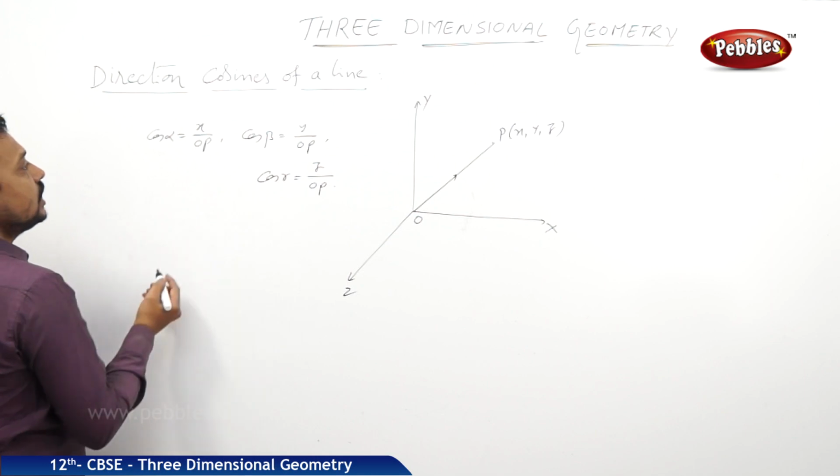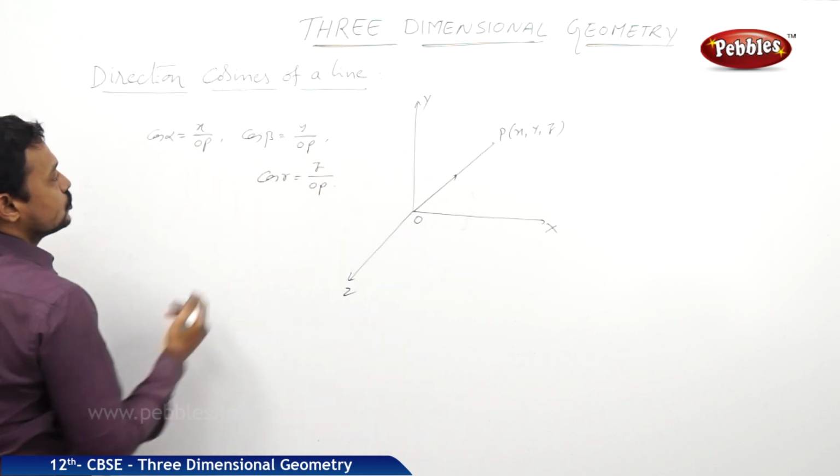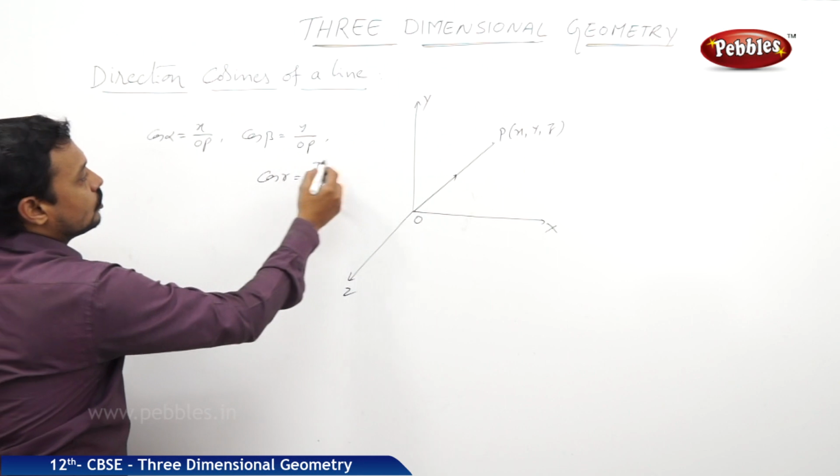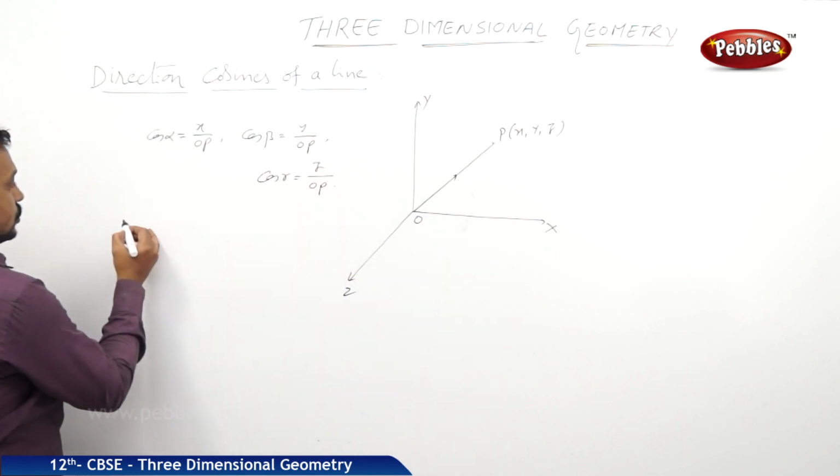Now, what are the direction ratios? The proportionate values of these direction cosines are called direction ratios.